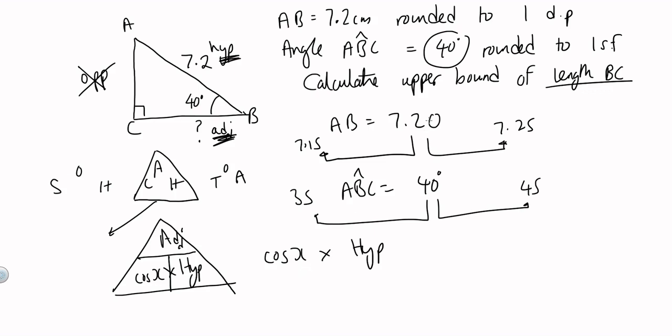To find the upper bound, I need to put the biggest value for cos x and the biggest value for hypotenuse. Now, for the hypotenuse, I'm going to use 7.25. That's the biggest value. But for the cos x, I need to be very careful. So I'm just going to do a little experiment here. I'm going to use cos 35, see what I get. I can use a calculator for this.